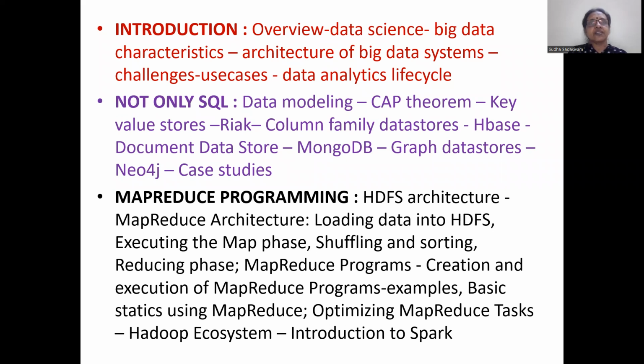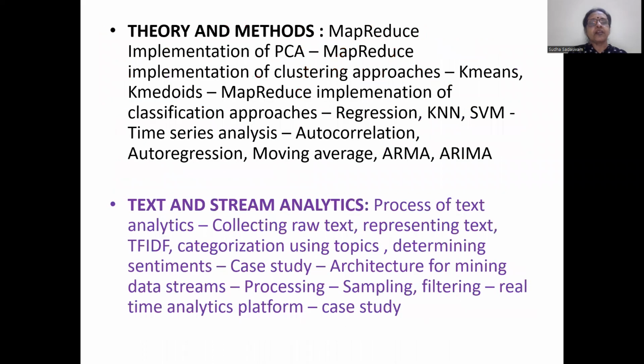The third unit covers the basics of MapReduce programming and HDFS architecture. The fourth unit discusses writing machine learning algorithms using a parallelized technique, namely the MapReduce technique. And the final unit discusses text and stream analytics.